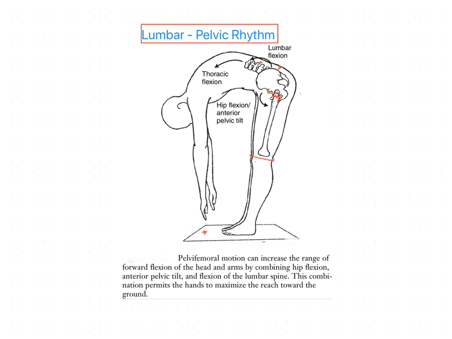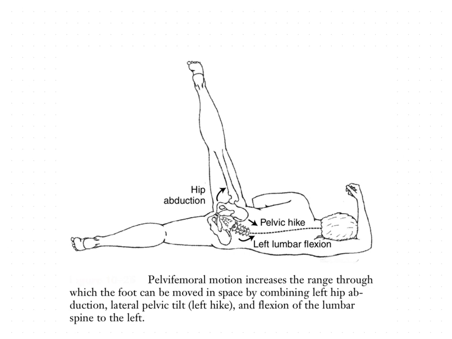Now the lumbar pelvic rhythm can increase the range of motion available by adding range from the lumbar spine. So if you see a woman lying on her side, we know that hip abduction is about 45 degrees only.